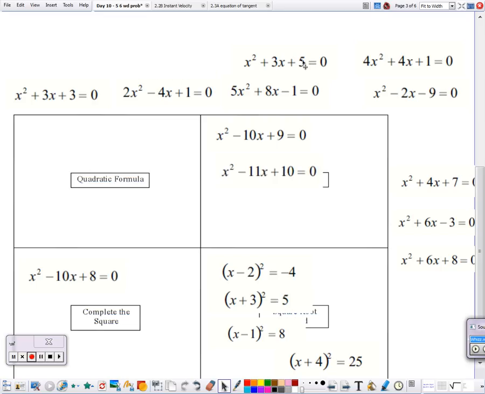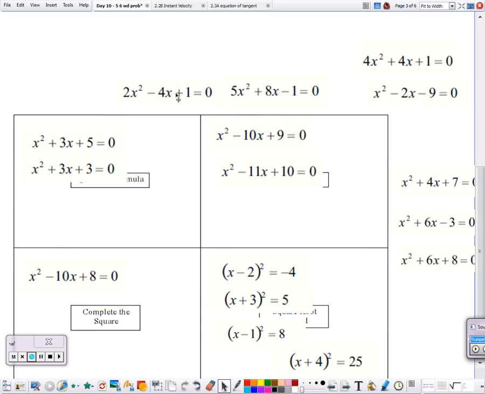Anything multiply to 5 that adds to 3? No, so I'm going to put that in quadratic formula because b is odd. Anything multiply to 3 that adds to 3? Nope. And this is odd, so again, that's going to be a quadratic formula.